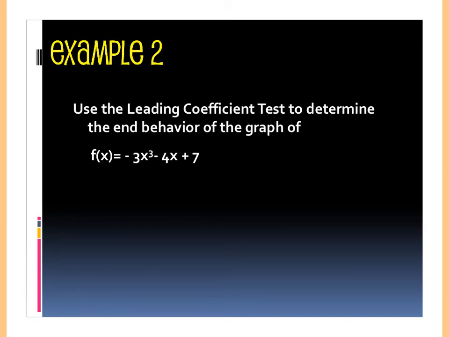All right, so example 2, use the leading coefficient test, which is the end behavior test, to determine the end behavior of the graph. First thing I have to do is look at this polynomial and ask myself, is it in order of highest degree? Because it's not always going to be the first one. So you want to find the one with the highest exponent. This time it is first. Is the exponent on that even or odd?